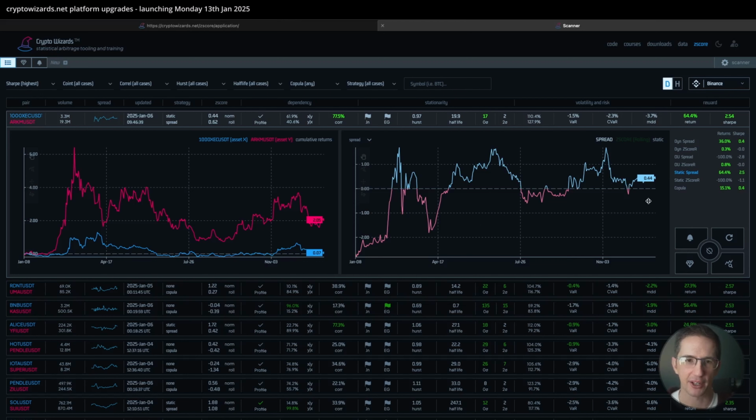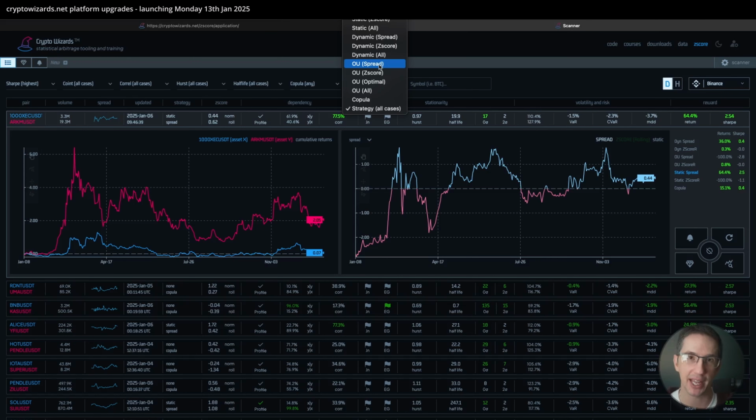So we have this spread over here. Now, before we had the static spread and the dynamic spread. The dynamic spread was calculated using a Kalman filter. It still is, although that Kalman filter has now been vastly improved. So the static spread and how it's calculated has changed, but it's using a new and improved Kalman filter for calculating that. But you'll also notice that we have this OU, also known as the Ornstein-Uhlenbeck process.